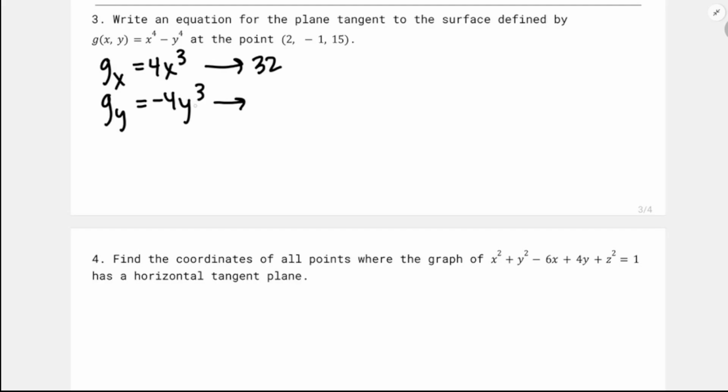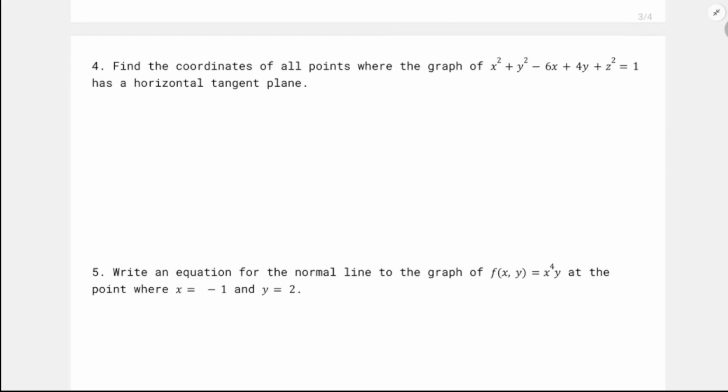Negative 4 times negative 1 to the third would be positive 4. So I've got my partials, I got my point. It's going to be z minus 15 equals partial derivative with respect to x times x minus the x coordinate, plus the partial derivative with respect to y, that is positive 4, times y minus negative 1.